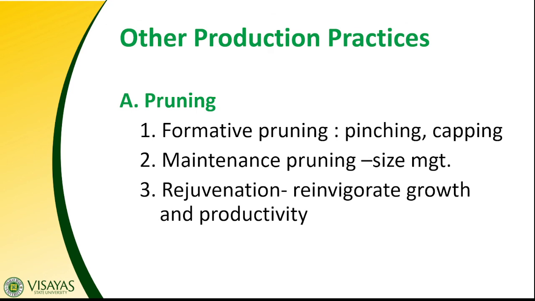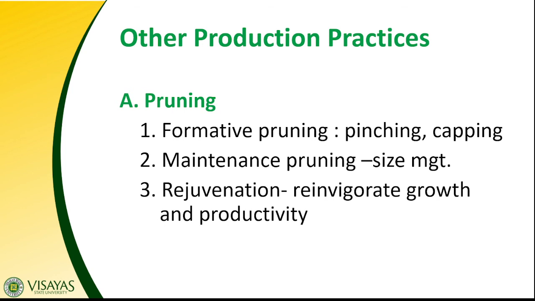Other production practices specific for plantation crops, one is pruning. In our topic on pruning, we define pruning as purposive removal of any plant parts. So that's how we define pruning.